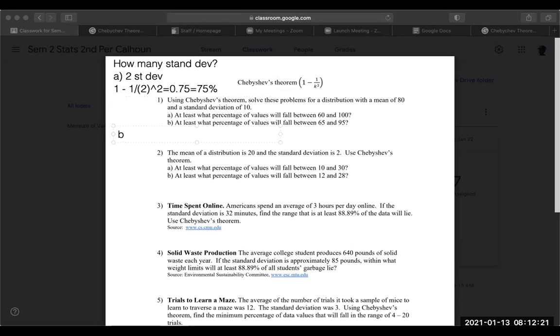Now for B, because we're counting up to 95, we have to count 1 full standard deviation and half of a standard deviation. So that's 1.5 standard deviations. Or you could say 95 minus 80 is 15, and 15 divided by 10 is 1.5 standard deviations.